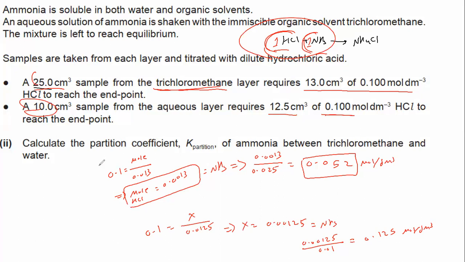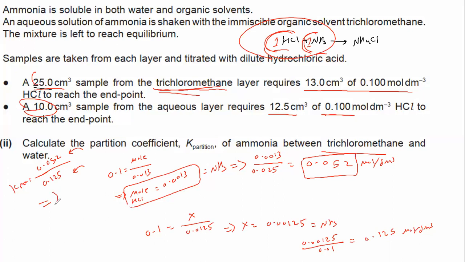Now, guys, what we are supposed to do is find KPC. KPC, or K partition, will be the concentration of ammonia in this layer, trichloroethane, because it is mentioned first. So here we have 0.052 over the concentration of ammonia in the water layer, which is 0.125.